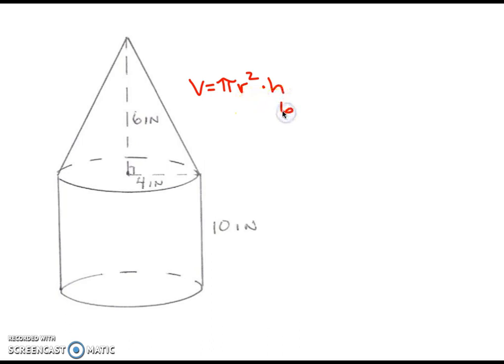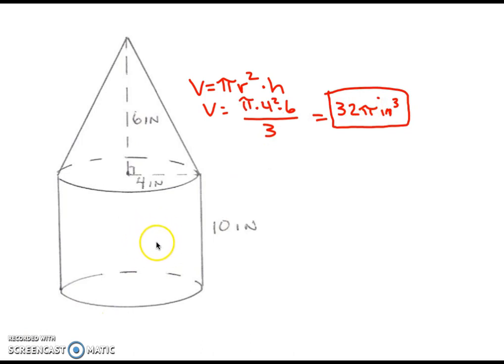So height is 6, and our radius here you can see is 4. So we'll have 4 squared times the 6, and then we're going to divide all that by 3, which gives you 32 pi inches cubed.